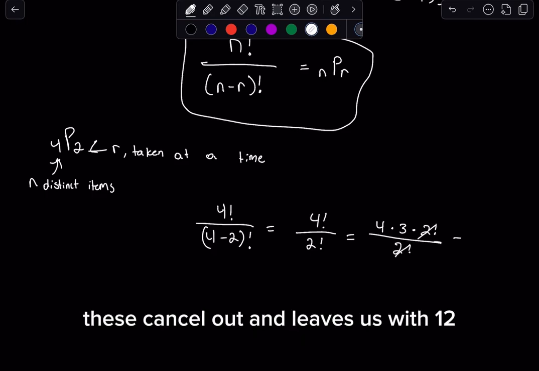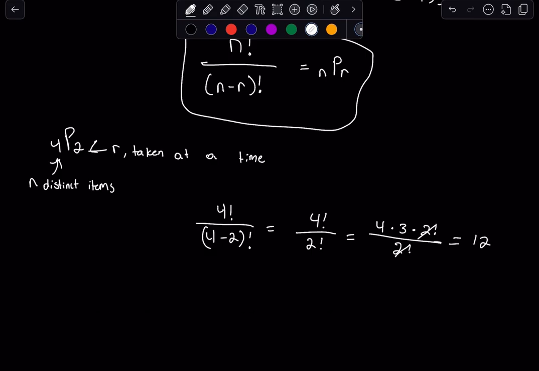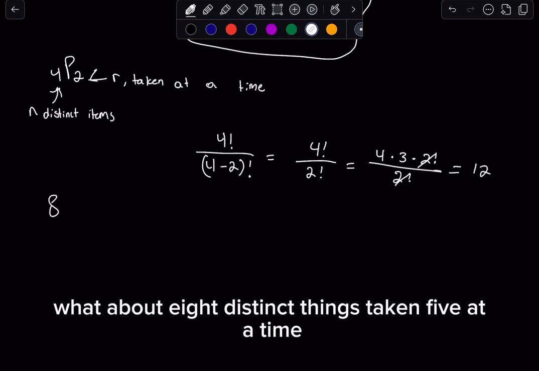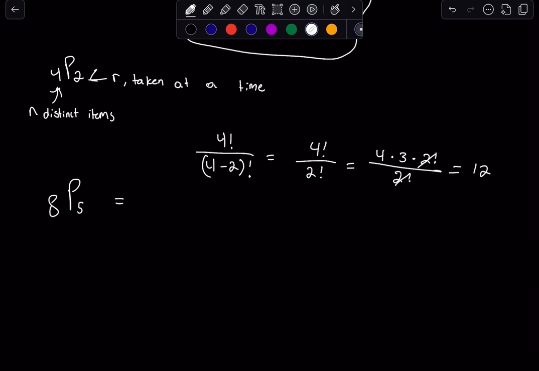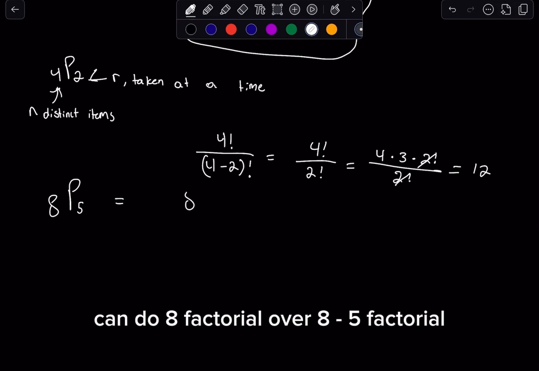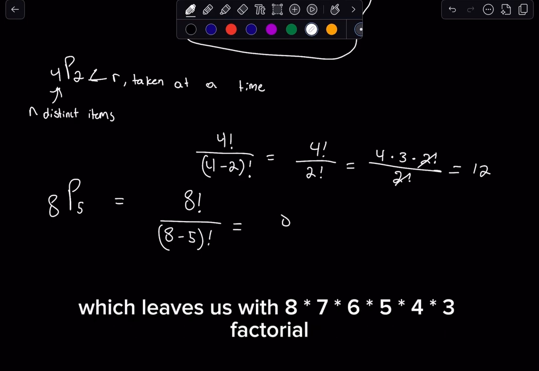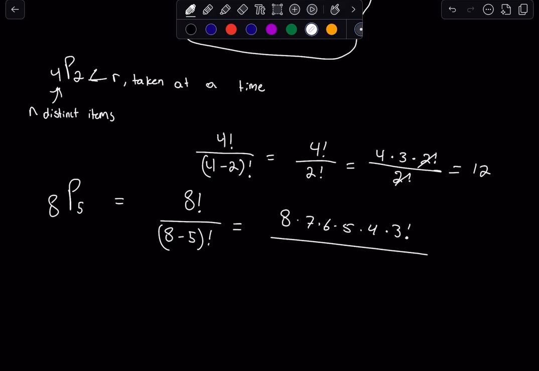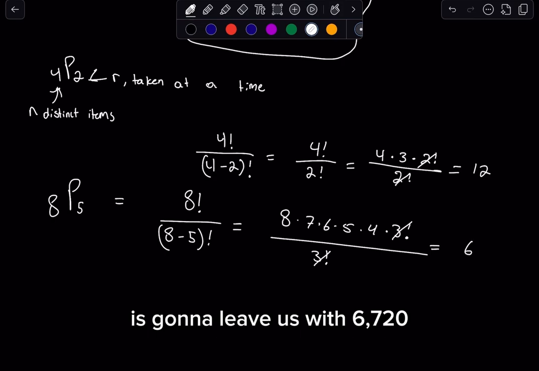These cancel out and leaves us with 12. What about 8 distinct things taken 5 at a time? We can do 8 factorial over 8 minus 5 factorial, which leaves us with 8 times 7 times 6 times 5 times 4 times 3 factorial over 3 factorial. It's going to leave us with 6,720.